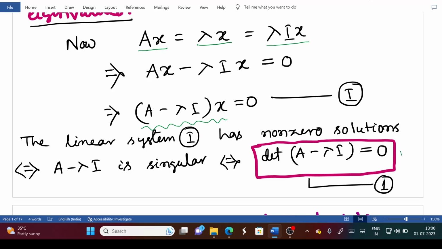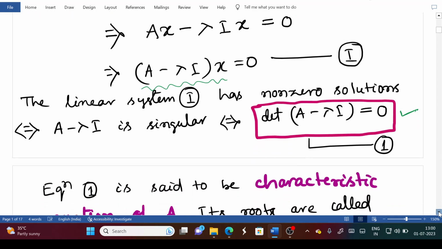That means it should satisfy this condition, determinant of A minus lambda I is equal to 0. It is one of the significant equations in eigenvalue calculation. This equation is called the characteristic equation. Its roots are called characteristic roots or eigenvalues.